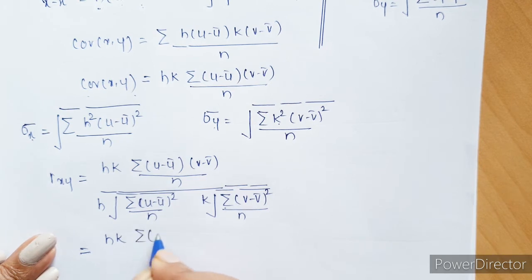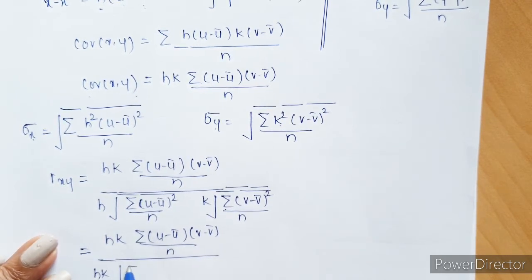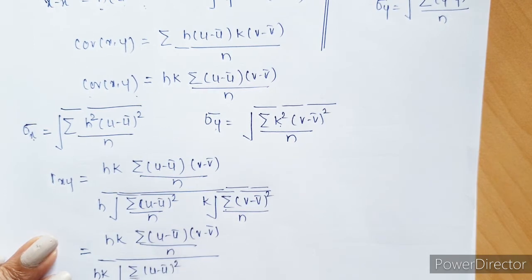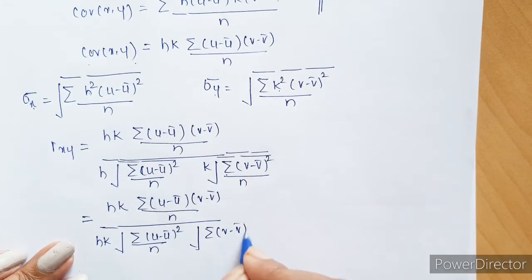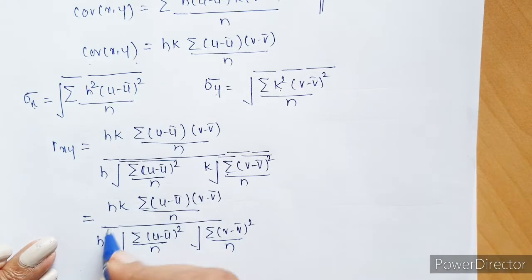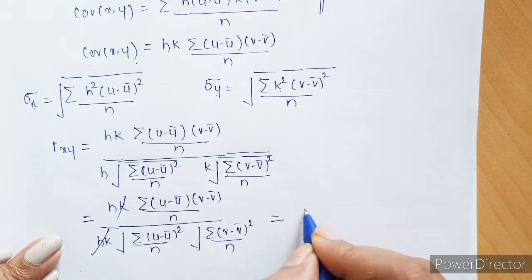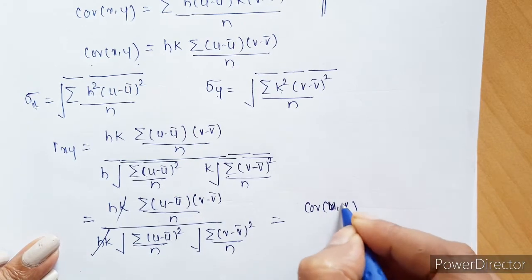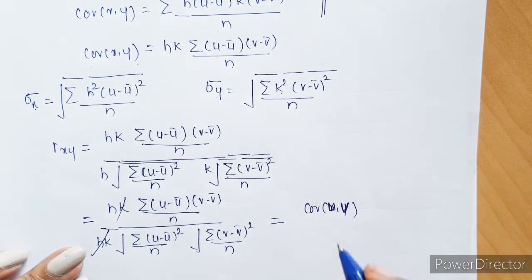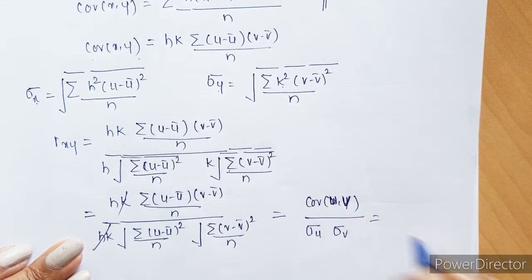Again, we have h k times the summation of (u minus u bar)(v minus v bar) upon n in the numerator, and in the denominator h times k, the square root of the summation of (u minus u bar) whole square upon n and the summation of (v minus v bar) whole square upon n. So h k will get cancelled. Now this is nothing but the covariance of u comma v, and this is the standard deviation of u and the standard deviation of v.